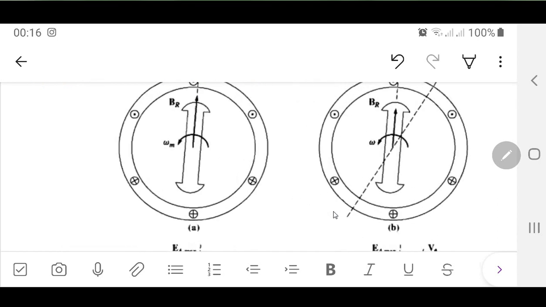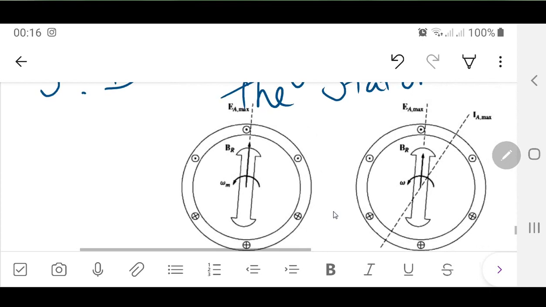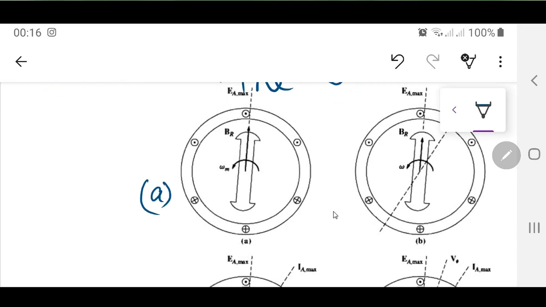If you concentrate your attention on this first picture, which is very, very important, let me call this one A. There is a little mistake here, maybe from the book: they say this is a cylindrical pole rotor, but they have drawn a salient pole shape. You can assume it's a cylindrical pole one, and the proof is approximately the same if you don't consider it very accurate.